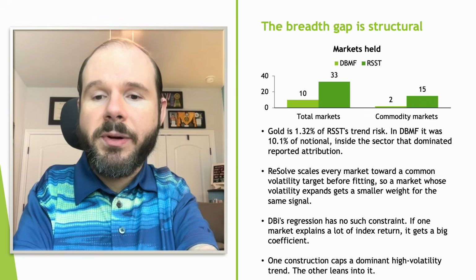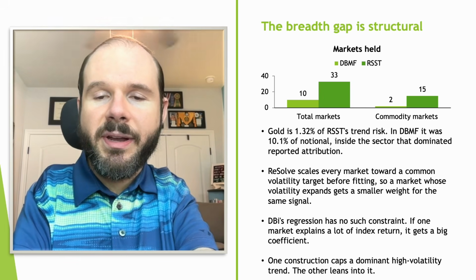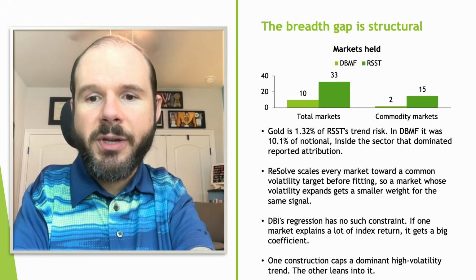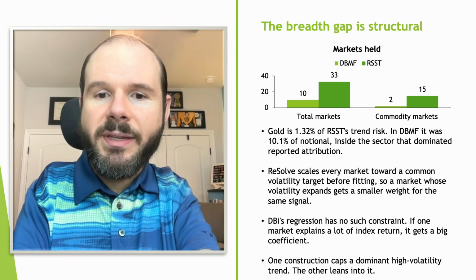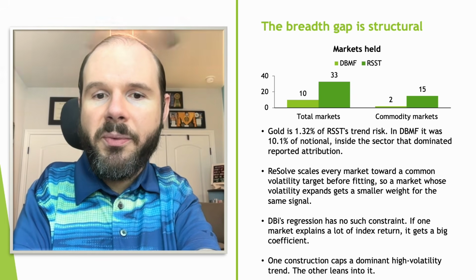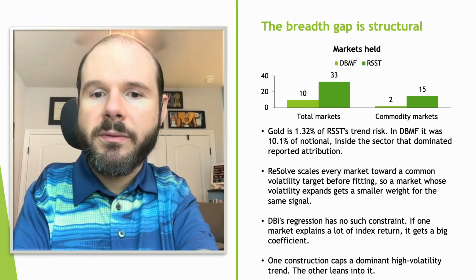And DBMF's regression doesn't have that constraint, so it can lean into trends a bit harder. Again, its strategy is a concentration bet, which can pay off and certainly has since 2019, but isn't always going to do so. Whereas Resolve's is a little bit more of a conservative, more disciplined approach.